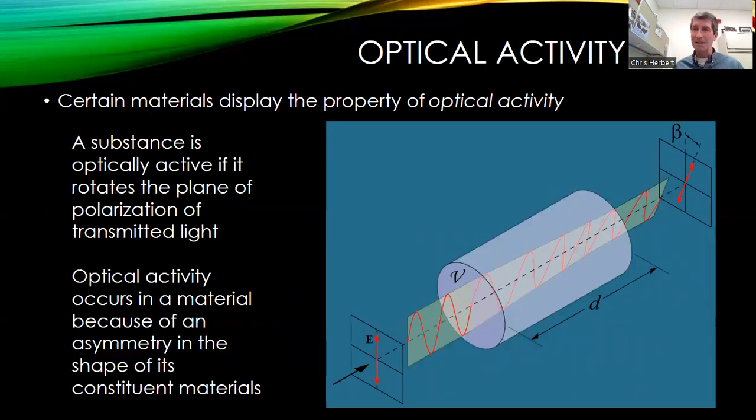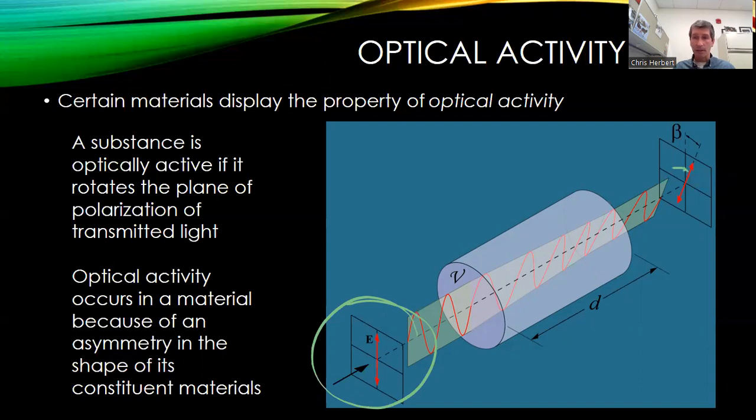If that weren't complicated enough, we also have something called optical activity. And this is not polarization. It affects polarization. Let's say that we send in light at some polarization. In this case, it's in the vertical direction. If I send it through an optically active material, quartz is optically active, it will rotate this axis, okay?